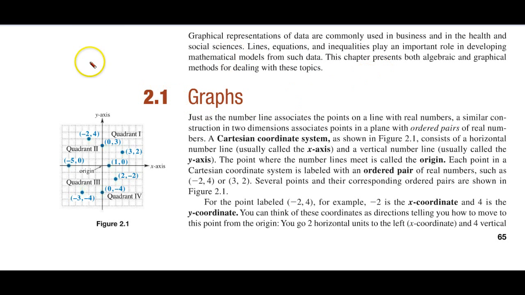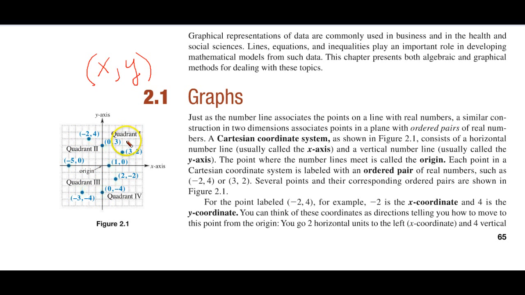And remember, we're dealing with ordered pairs, and we always start with our x item first. We'd go from 0 either right or left, and then the y up or down. And that brings us to these various ordered pairs.